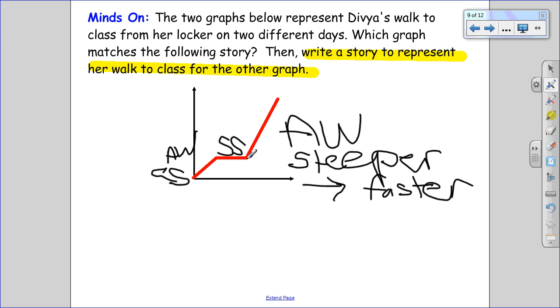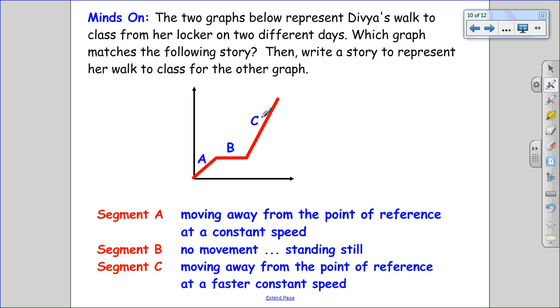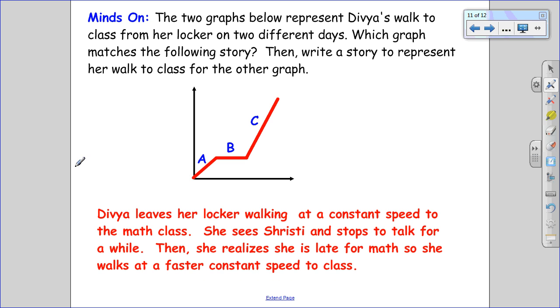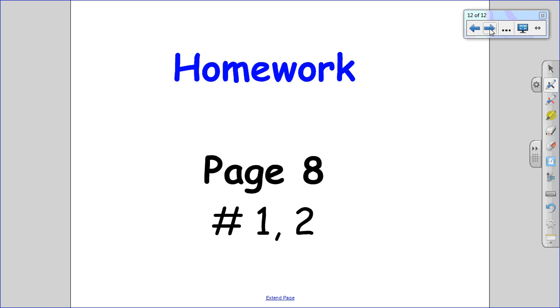Realizing she was going to be late for class, she continued to class at a faster constant speed because she was going to be late. We have to use words like faster because the line's steeper. We have to use words such as constant speed because it is a straight line. Okay, and the story's there. Page 8, number 1 and 2 for homework.